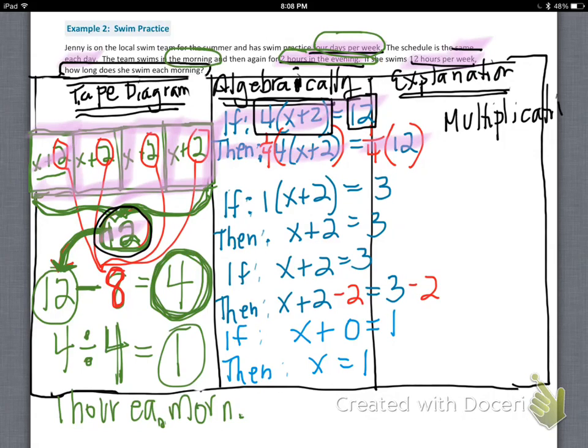A multiplicative identity is 1. And the way I achieve that multiplicative identity, or 1, because I'm trying to solve for x now, trying to get x down to 1, is I multiply by its inverse, and that's what we did right there, 1/4 of 4, and then 1/4 of 12.